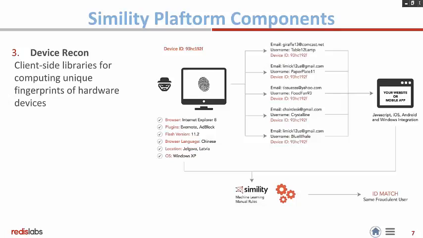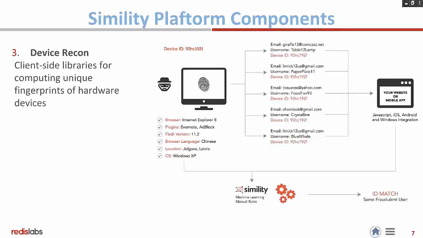So our customers use these libraries within their web apps or their mobile apps. And these libraries collect a bunch of hardware information about the device on which their apps are running.